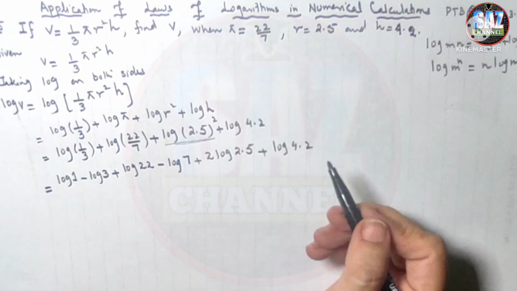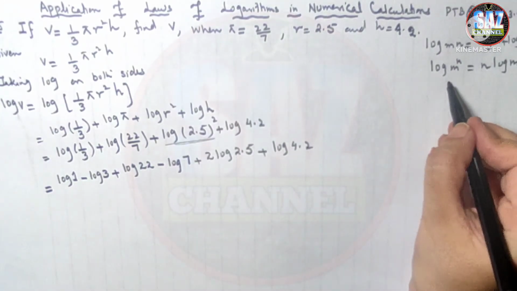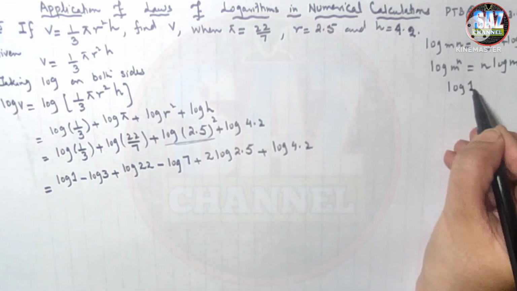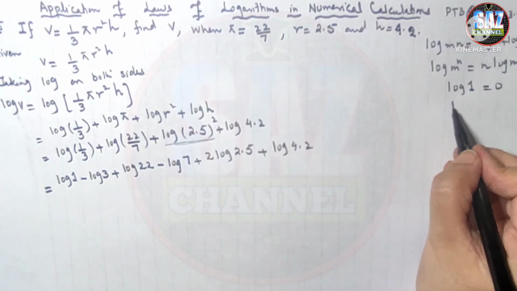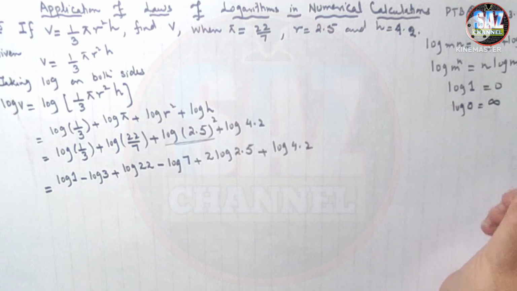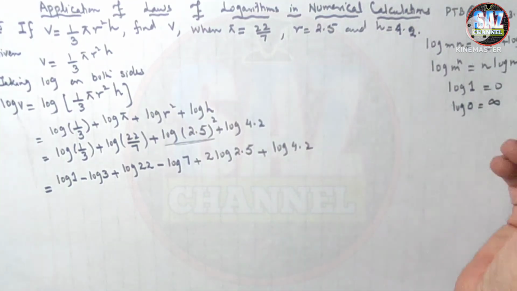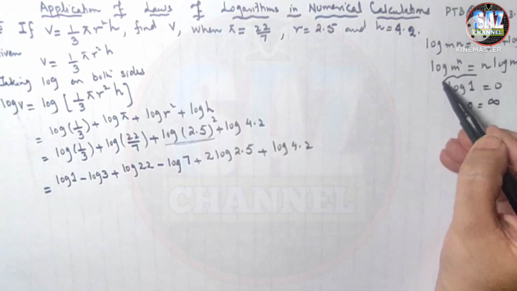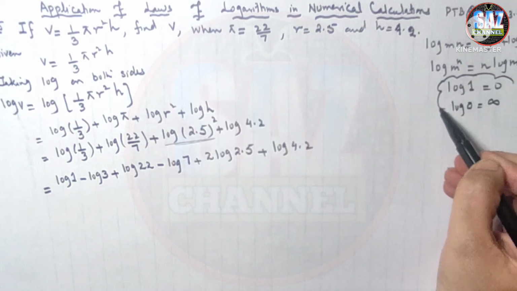4.2. Okay, now look, what is the answer for log of 1? Log of 1 is always 0 and log 0 is infinity. These are the two important points that can come in your objective type as well, so please keep them in your mind.